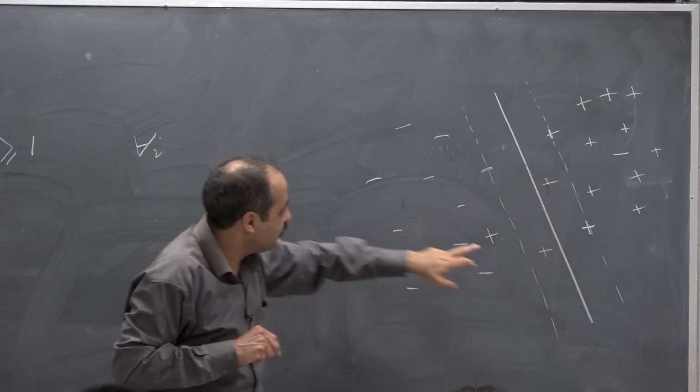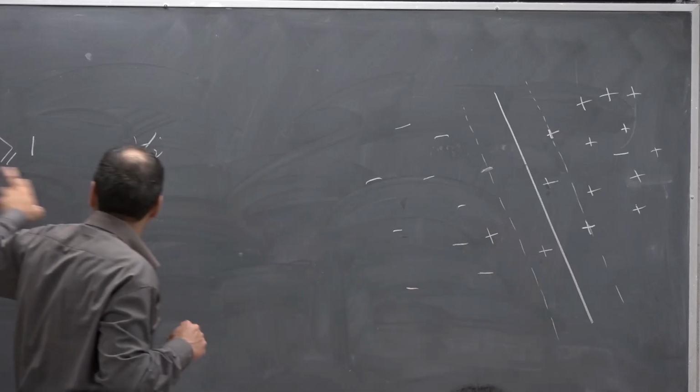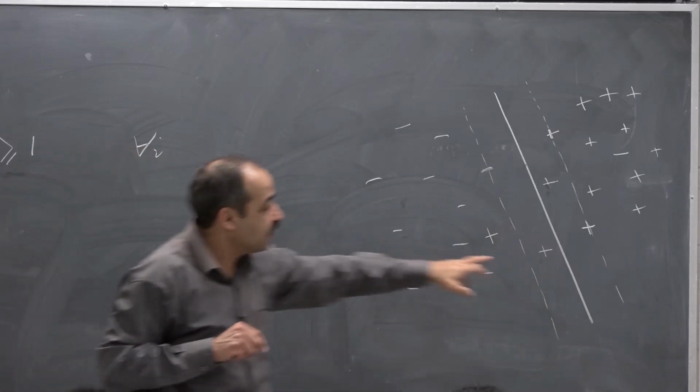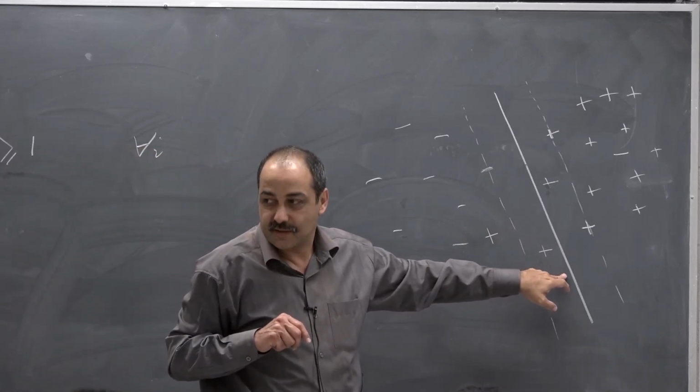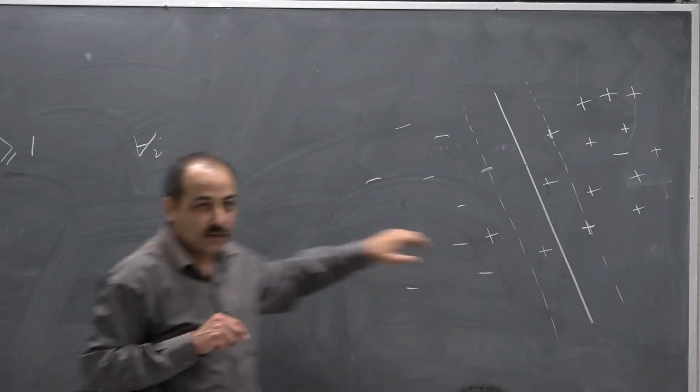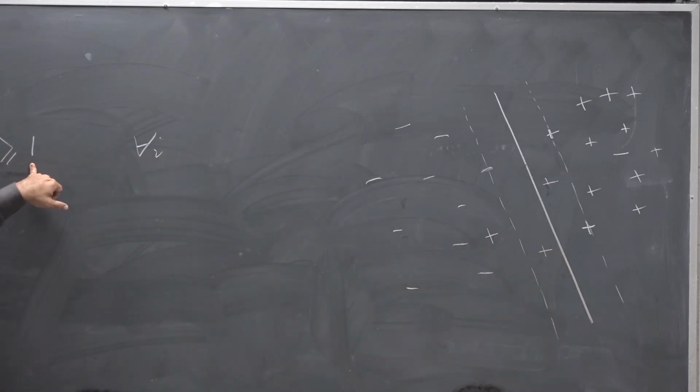So this point, for example, does not satisfy this constraint. It's not greater than 1. It's less than 1. So this shouldn't be greater than 1. It should be what? Any suggestion?